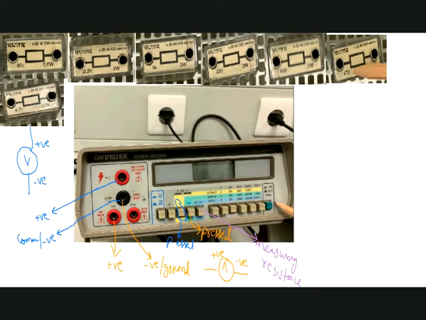Here we have a screen which will give you the readings, and this is the on or off button. You can either turn it on or off. This is for changing the range. I hope you have understood the usage of the multimeter. Now I'll show you the power supply.